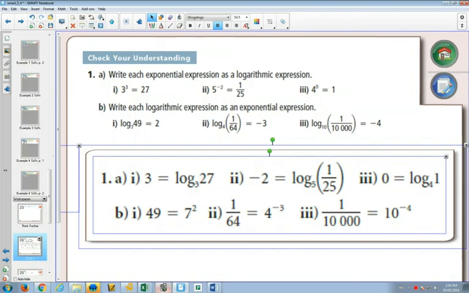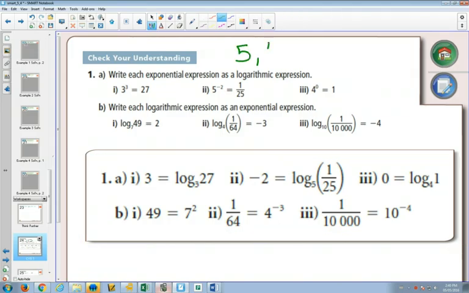There's the answers if you want to check how you did, or if you're done a couple but still want to do the other ones, I'll give you some more time to do that as well. And the questions which get you to use your definition are 5, 6, and 8.